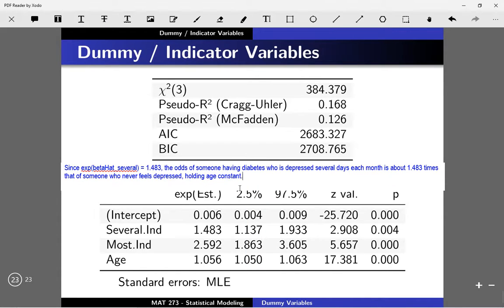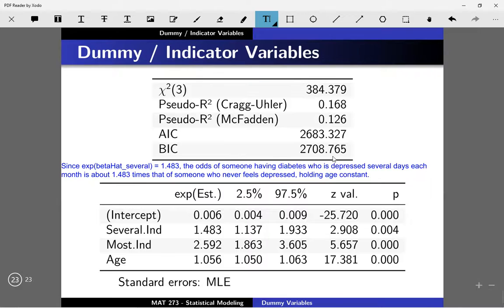So only for people of the same age. So their odds of having diabetes is about 1.5 times that of someone who never feels depressed of the same age.